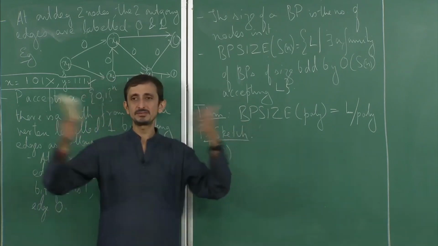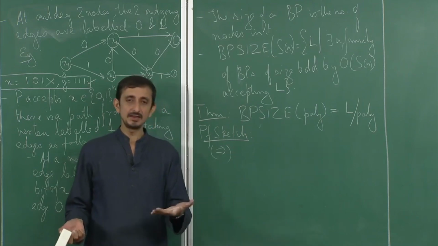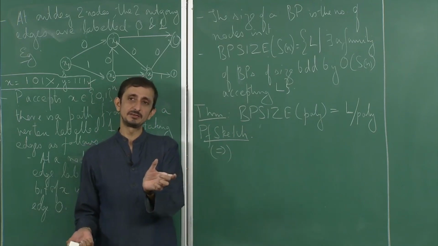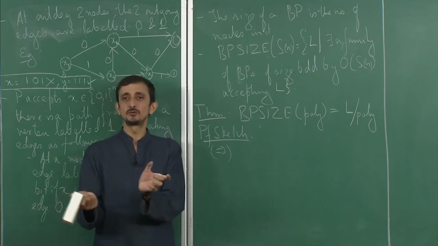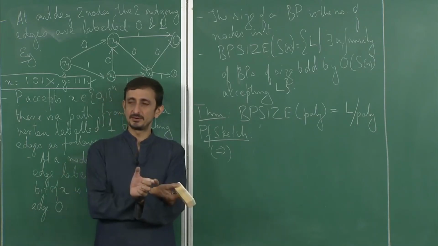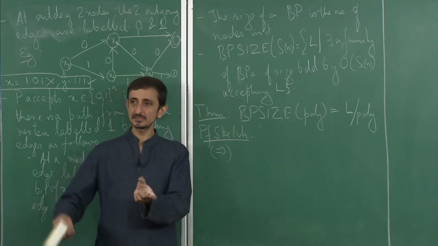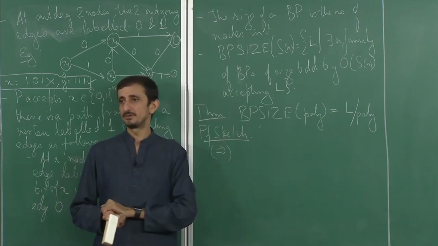Think of that branching program as a DAG. Now given an input, what do I have to do? Whenever I reach a node of the branching program, I look at the input and I decide which edge to take, whether to take the edge labeled 0 or the edge labeled 1, and I take that edge. I continue doing this until I reach the node that is labeled 0 or 1.